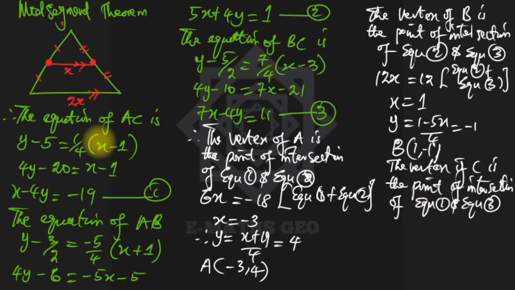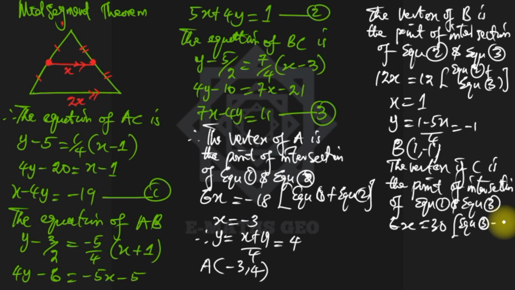Let's solve 1 and 3 by subtraction, the best way. Doing equation 3 minus equation 1, I have 7x minus x is 6x, minus 4y minus 0, and 11 minus minus 19 is 30. So 6x is equal to 30.